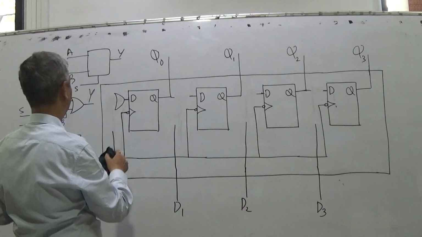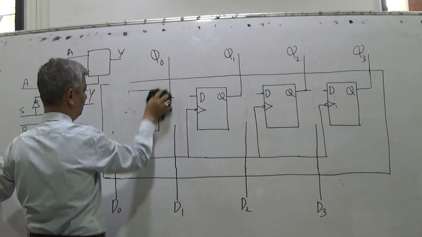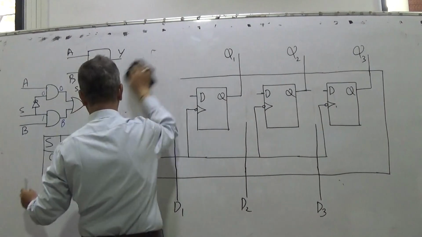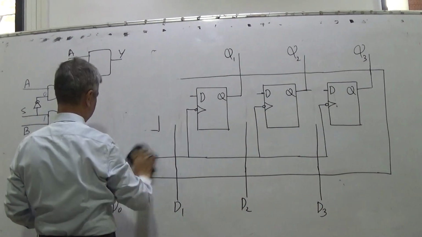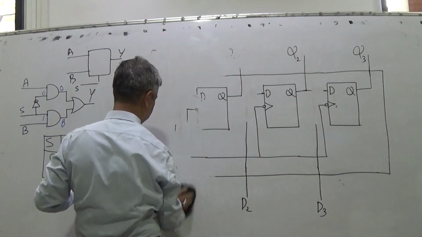So now what we do is, I draw this small diagram because at all 4 places this multiplexer is required. I will draw it, I will explain it in detail.